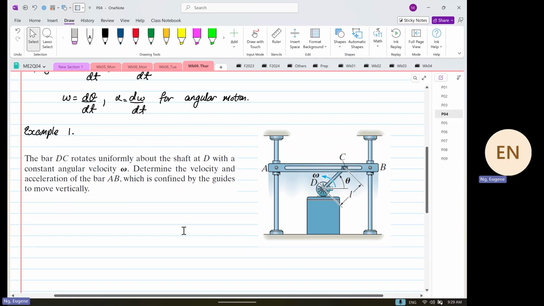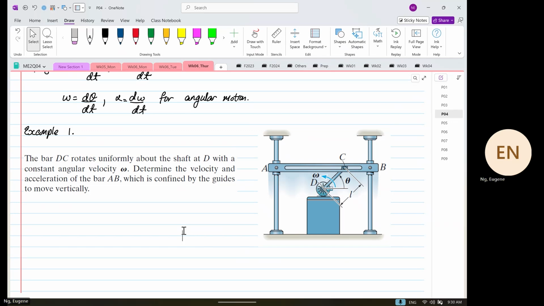The bar DC rotates about the shaft at D with an angular velocity of omega. Determine the velocity and acceleration of the bar AB, which is confined by the guides to move vertically.